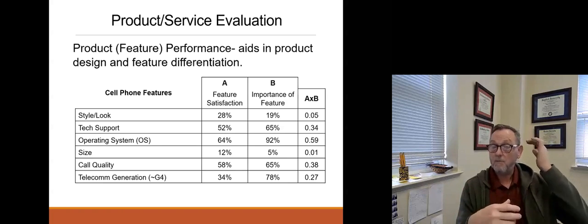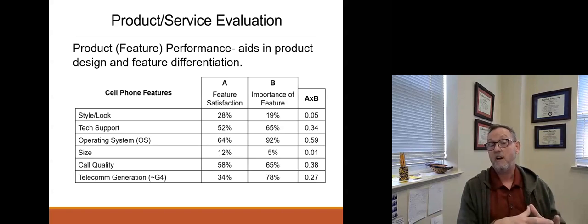And so the importance of that feature is now not super high. Regardless of whether I scored really high on size of the phone, it really wouldn't matter that much in the big picture of things.